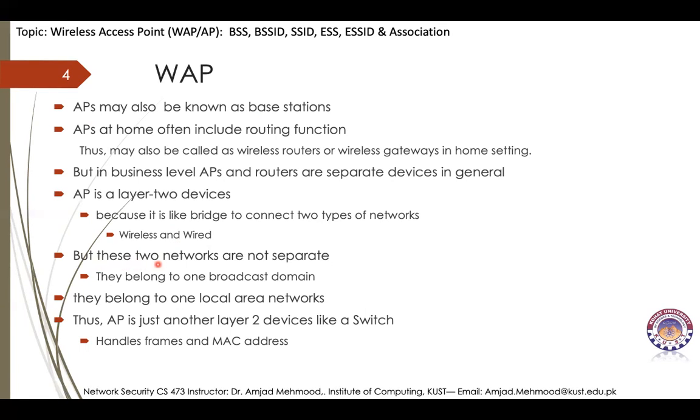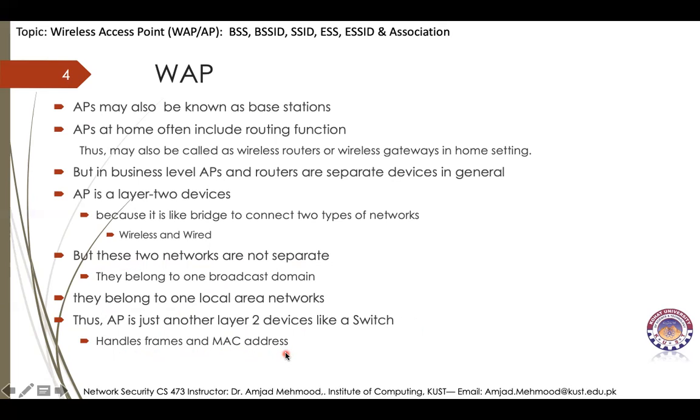But these two networks are not separate. They belong to one broadcast domain. They belong to one local area network. So this is one local area network. Thus the AP is just another layer 2 device, like a switch, handling frames and MAC addresses.